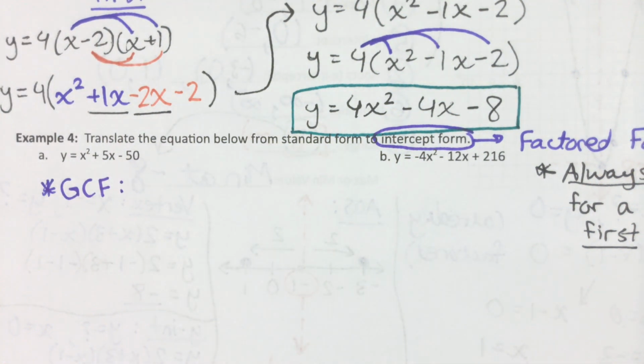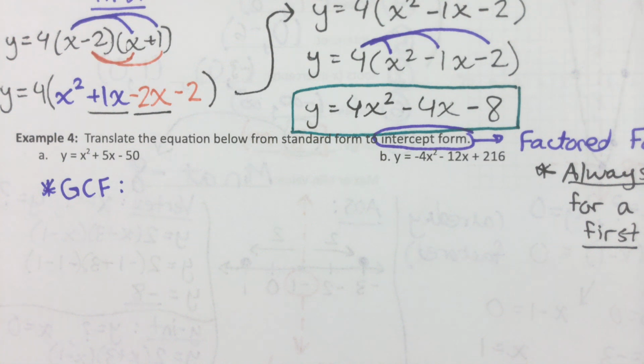Problem A. Y equals x squared plus 5x minus 50. First, look for that GCF. Do we have a GCF? Yes or no? What is it? No? And why do you say no? There's a dead giveaway that there's not a GCF here.